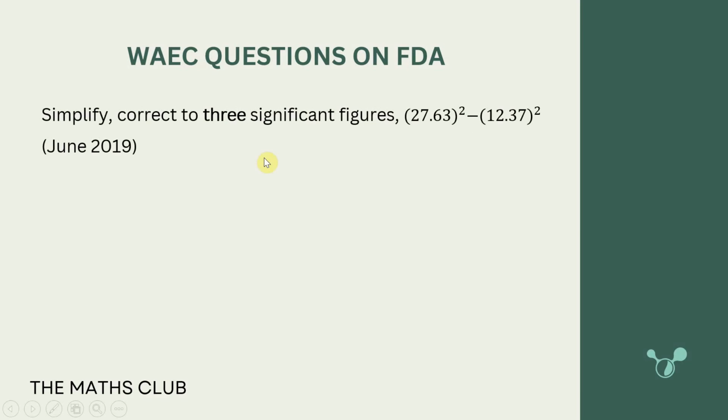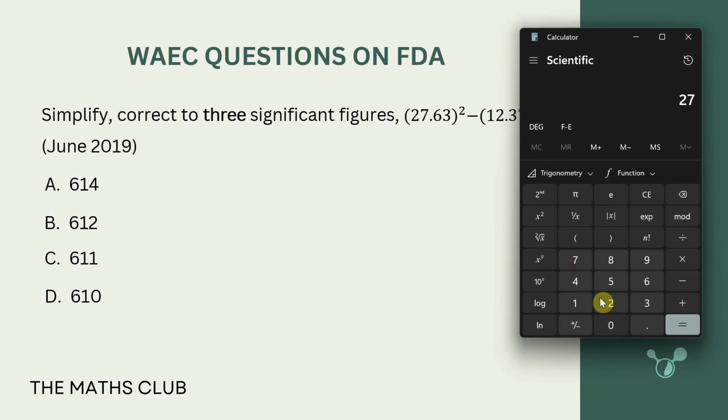This question says simplify correct to 3 significant figures, 27.63 squared minus 12.37 squared. In this case, I would advise that we use a calculator. 27.63 squared, that is 27.63 times 27.63, then minus 12.37 times 12.37.